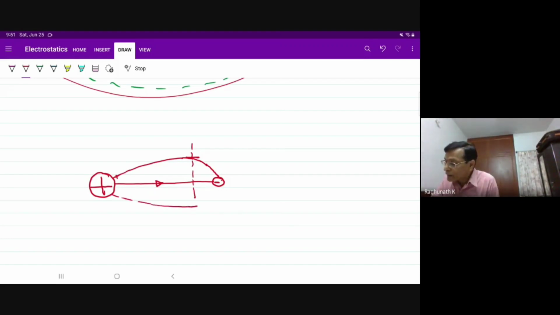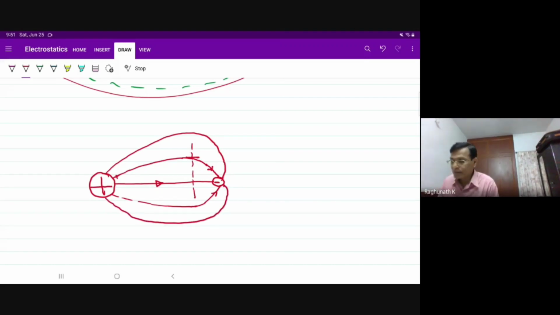This is what, if you can carefully see, you can get. From this, it comes like this, goes like this. Maybe from this position also it comes back.